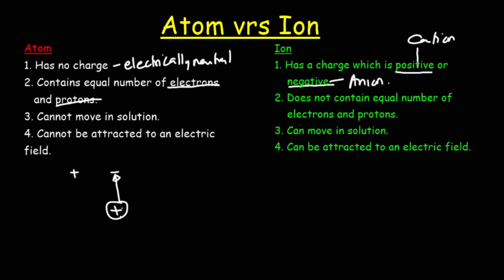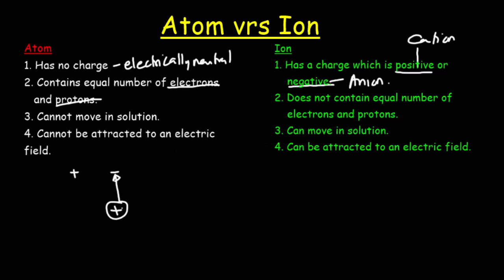So if there is a positive substance coming to the electric field, it will be attracted towards the negative part of the electric field. Because an atom is neither positive nor negative, when it is brought to the electric field, there will be no attraction because it has no charge.